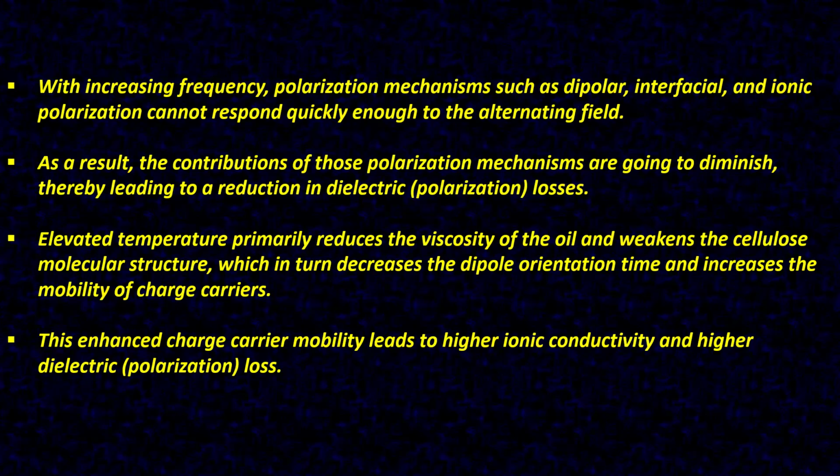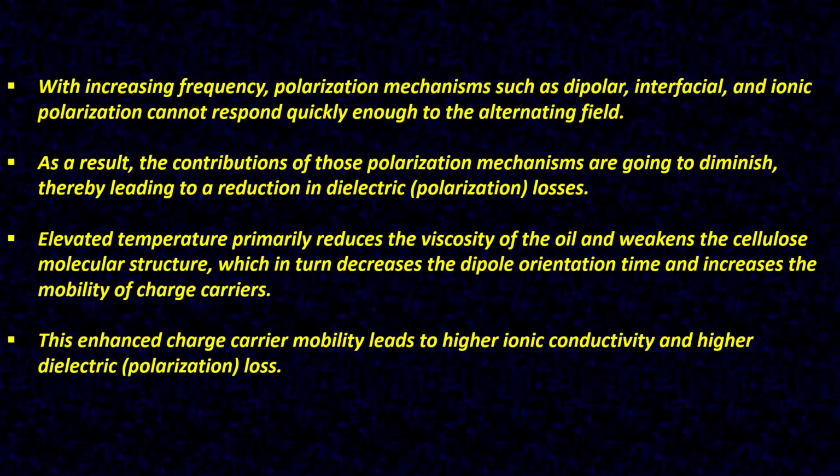Elevated temperature primarily reduces the viscosity of the oil and weakens the cellulose molecular structure, which in turn decreases the dipole orientation time and increases the mobility of charge carriers.